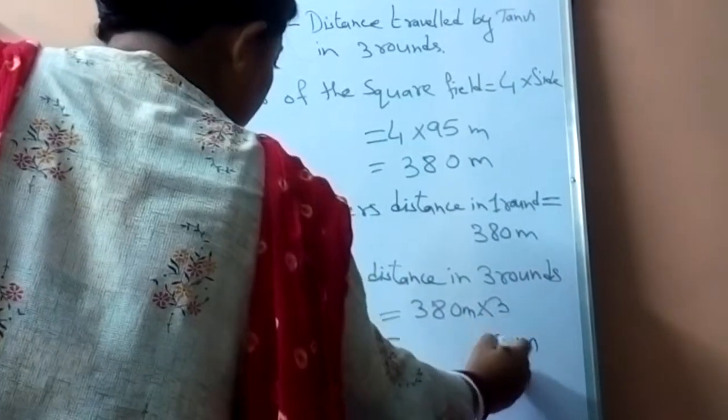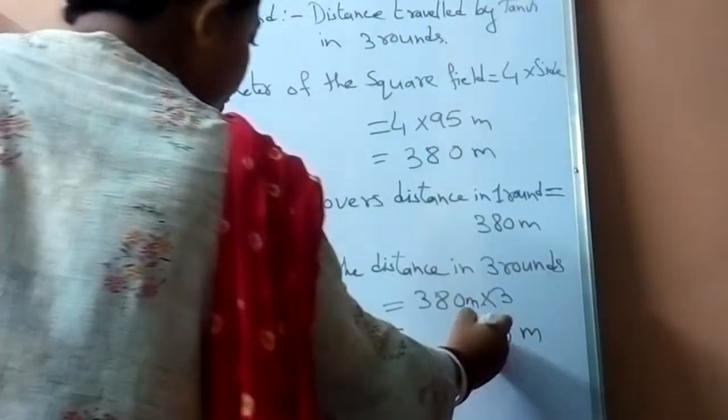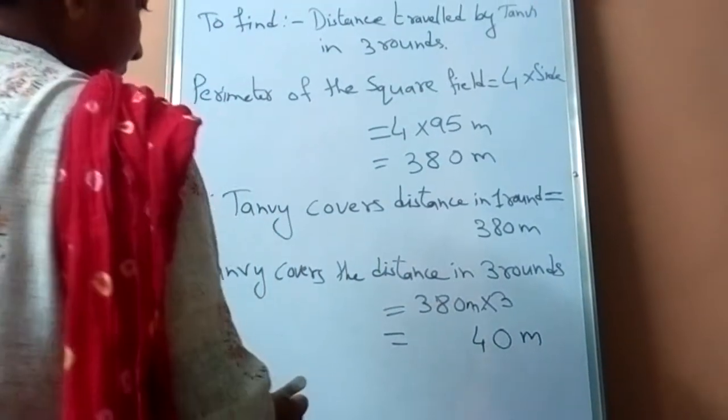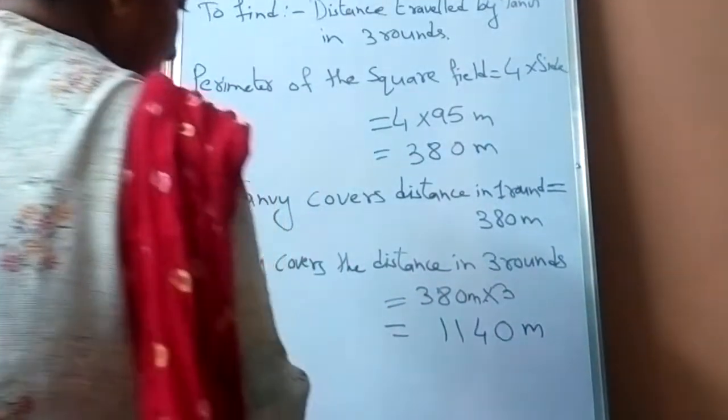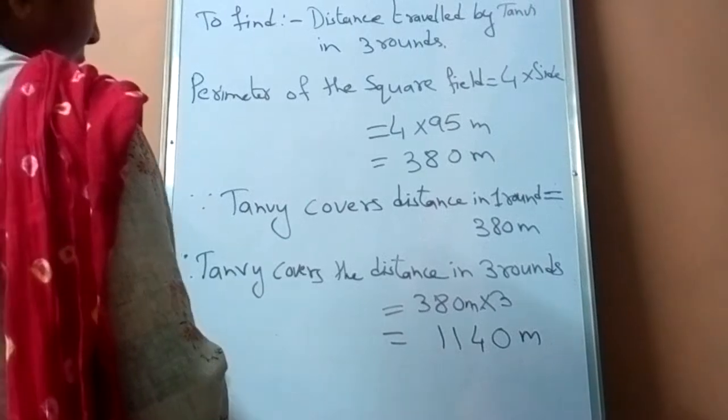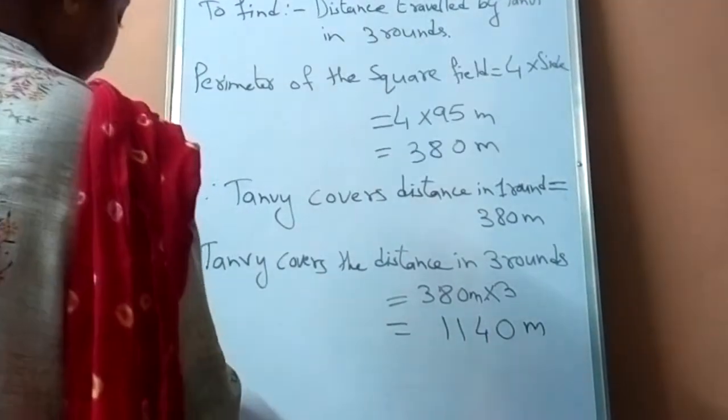So 3 zeros are 0, 3 8s are 24, carry 2, 3 3s are 9, 10, 11. So 1140.